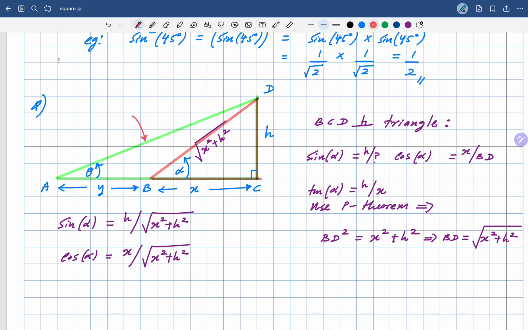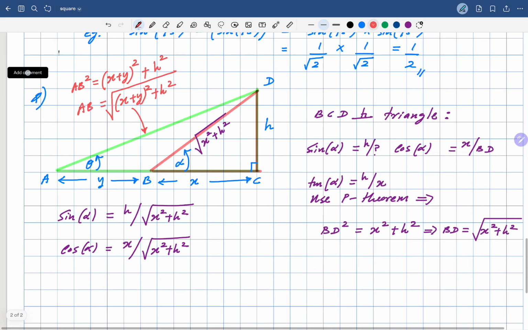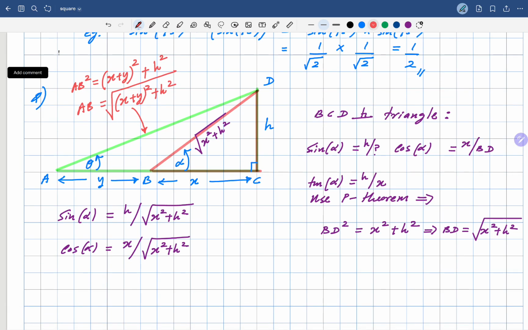AD squared is equal to AC squared plus h squared, where AC is x plus y, so (x plus y) squared plus h squared. So AD is the square root of this term. Now we have AD in terms of x, y, and h, which are the given details.